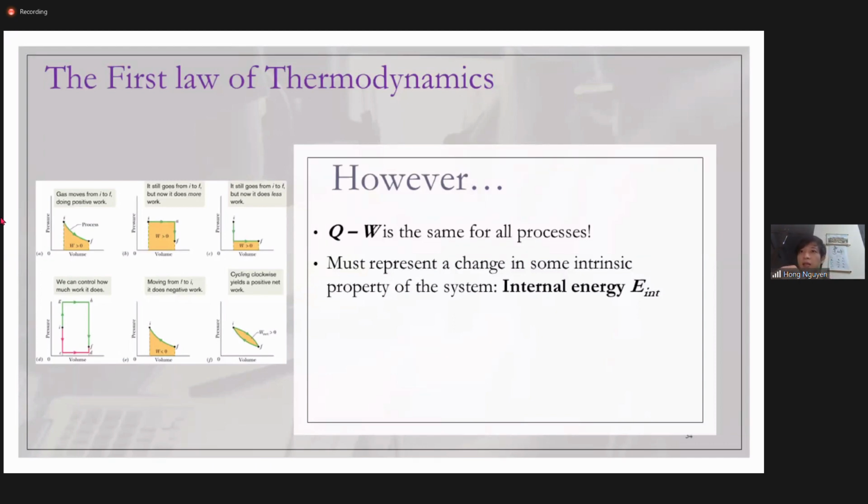A positive work is when the system does the work, or work done by the system.